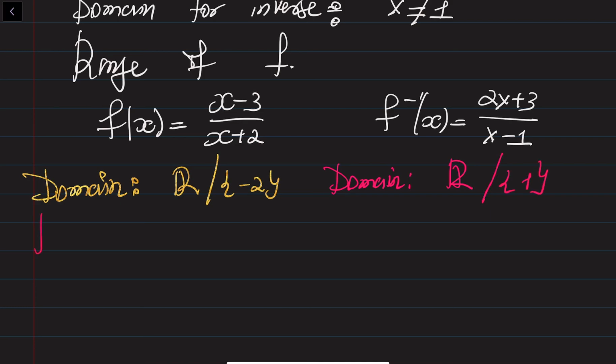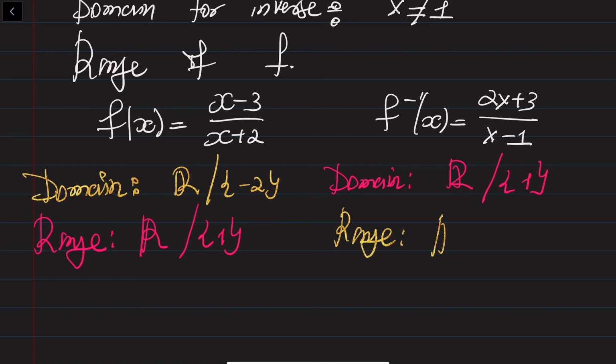The range of the original function is the same as the domain of its inverse, all the points except 1. And the range of the inverse is the domain of the original function, all the points except minus 2.